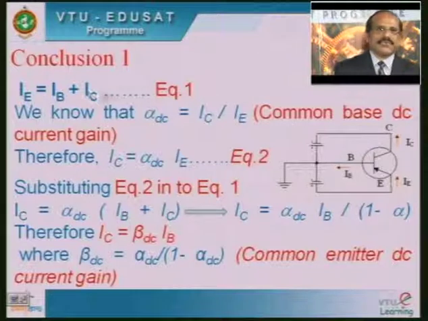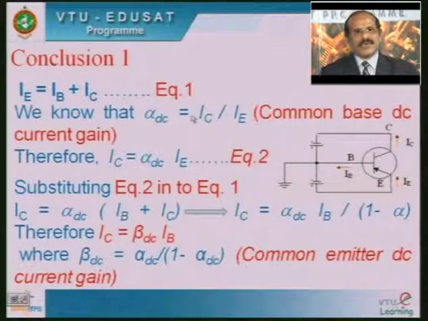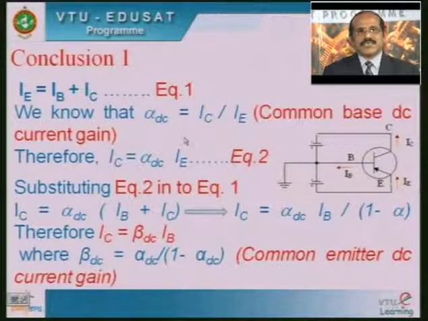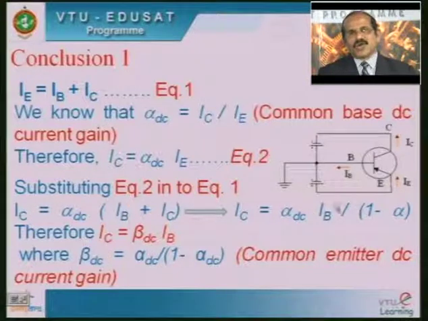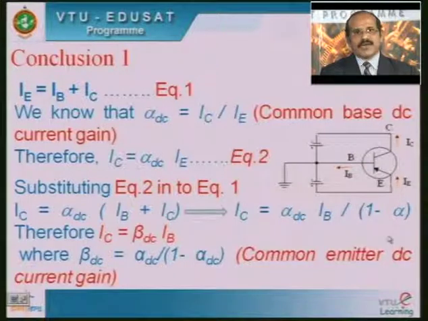We know that IE equals the summation of the base current and collector current, and that alpha DC is the ratio of output current by input current, that is IC by IE, so IC is equal to alpha DC times IE. If we substitute equation 1 into equation 2 and rearrange, we get IC equal to alpha DC divided by 1 minus alpha DC times IB.